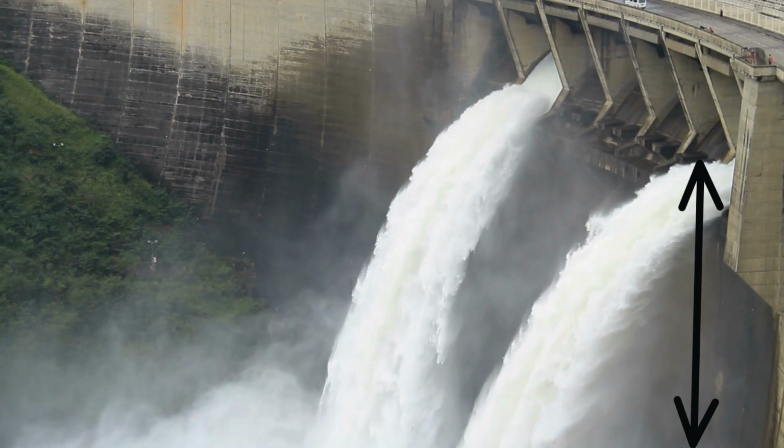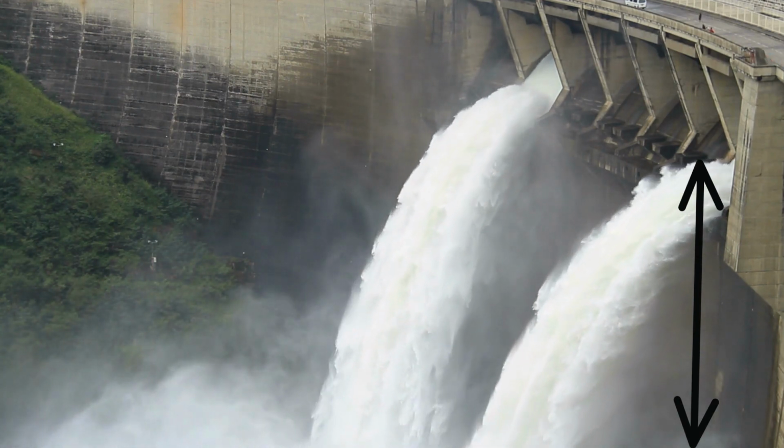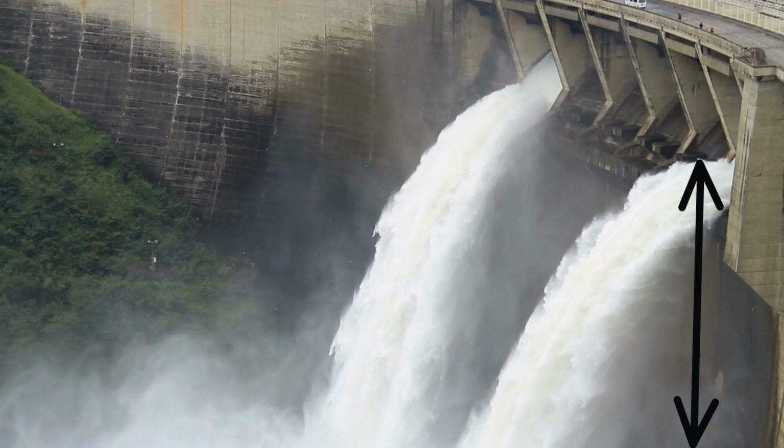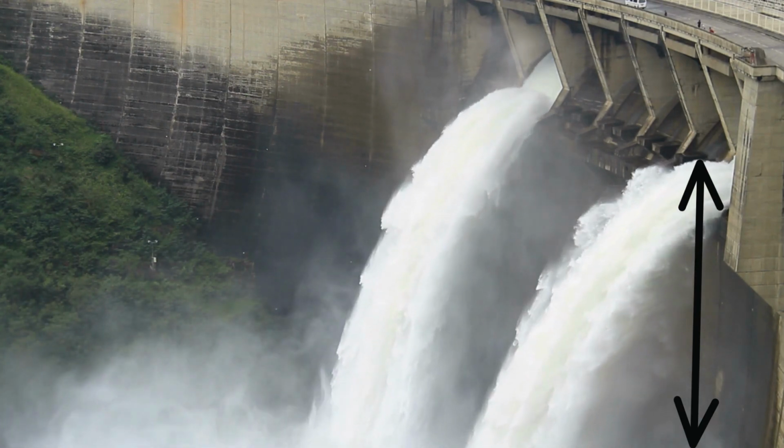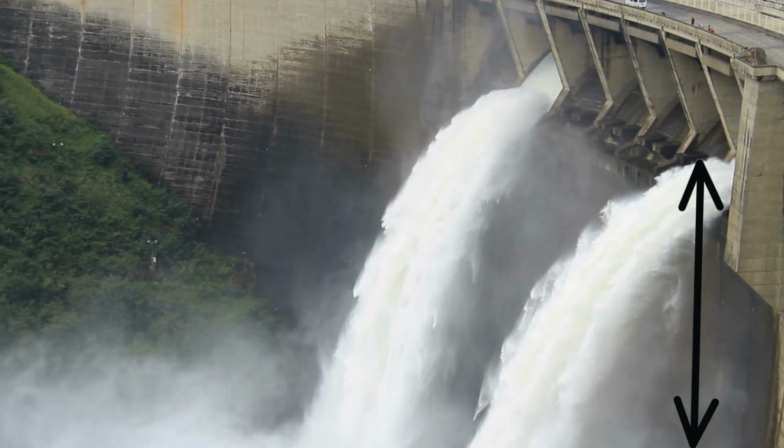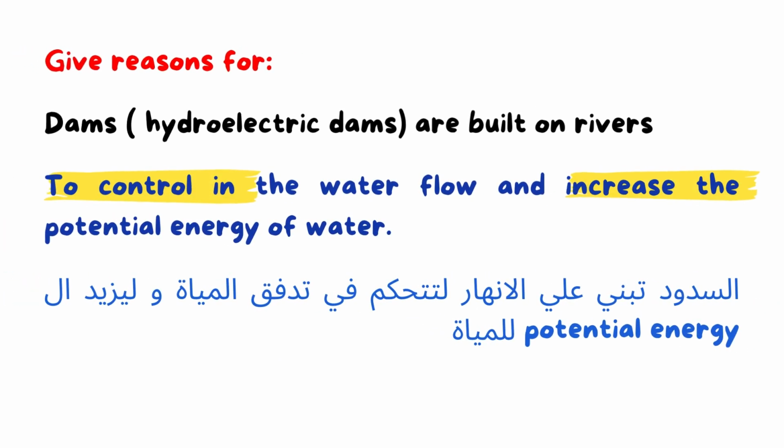Okay, as this potential energy will be converted into kinetic energy, as we will see now. So if we have a give-reasons question for why hydroelectric dams are built on rivers, the answer is 2 parts: to control the water flow and increase the potential energy of water.